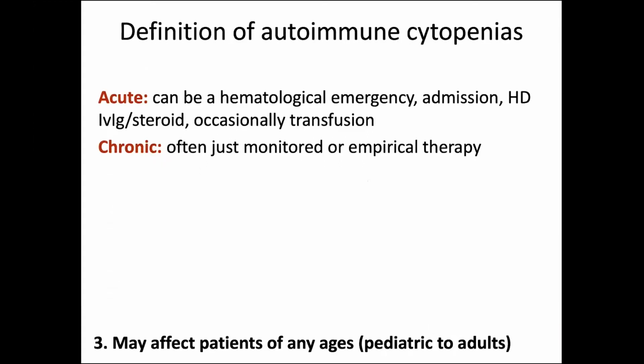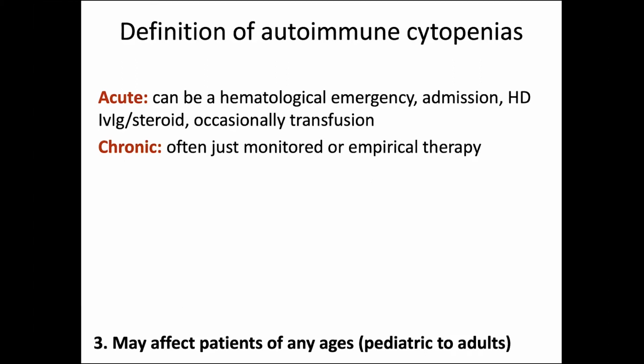When I think of autoimmune cytopenias, in my mind, we have to segregate two different types. One is happening acutely. We call it acute autoimmune cytopenia, and it can be a hematologic emergency. The patients often need admission, administration of high-dose IVIG and steroids, and occasionally transfusions.